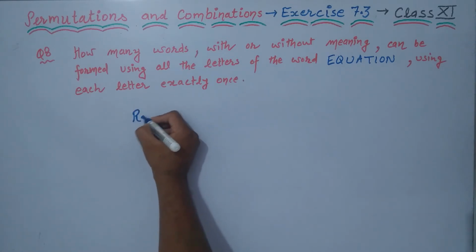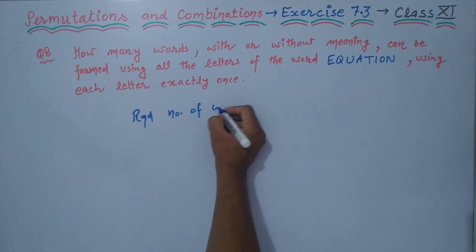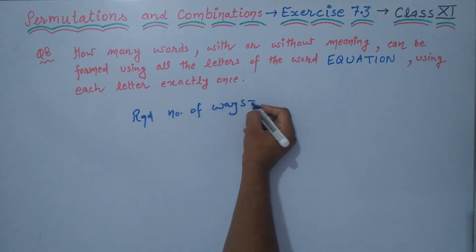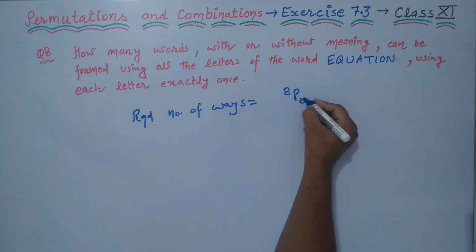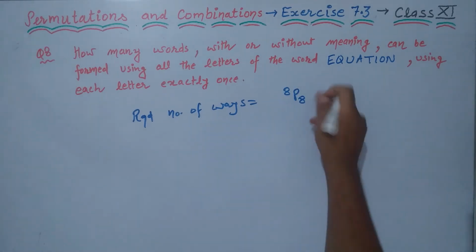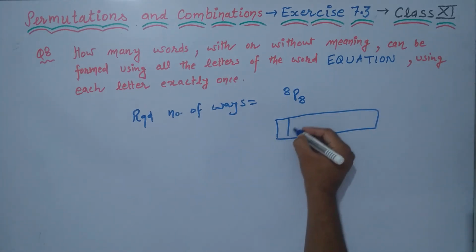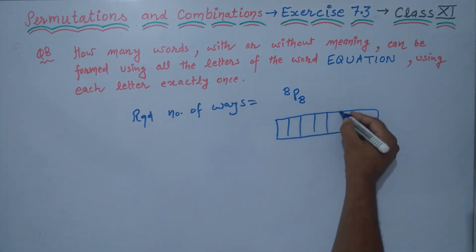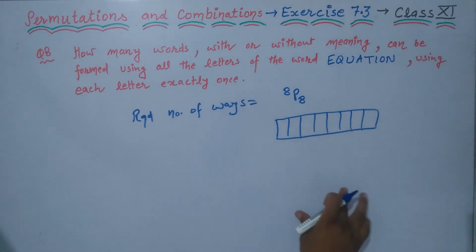So the required number of ways is equal to 8P8. 8 boxes are to be filled up, 1, 2, 3, 4, 5, 6, 7, 8, and 8 letters are there.